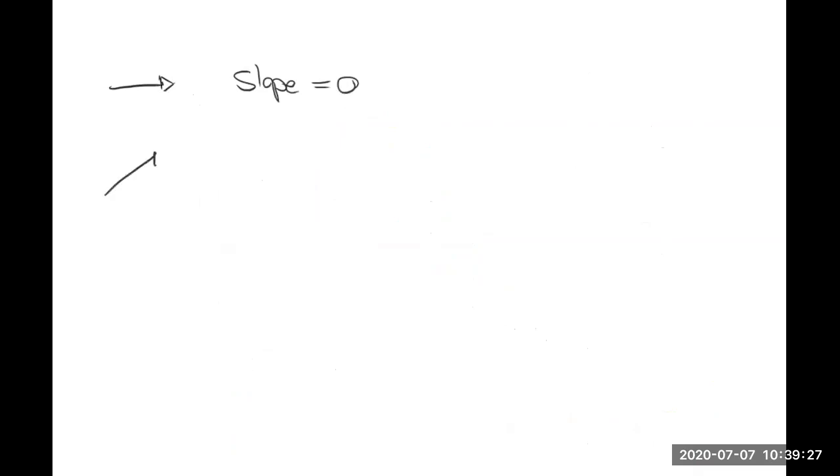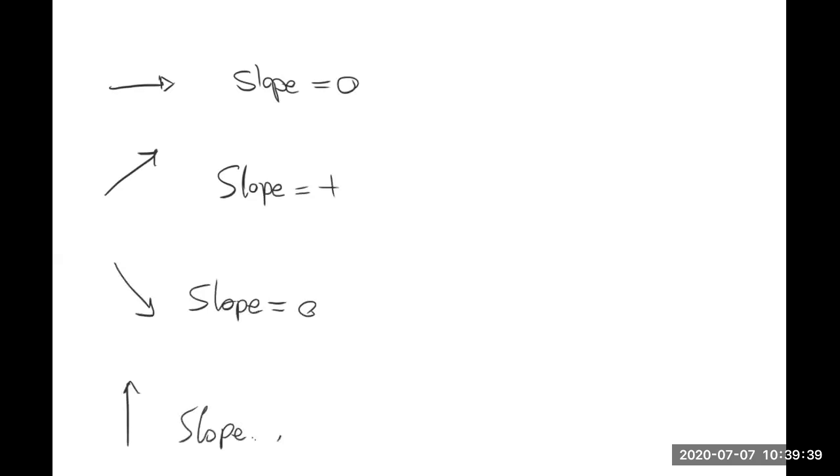If you have a vector which goes up, slope is a positive number. If you have a vector which goes down, the slope is a negative number. If you have a vertical vector, the slope is not defined, or DNE, depending on what notation you use, or infinity.